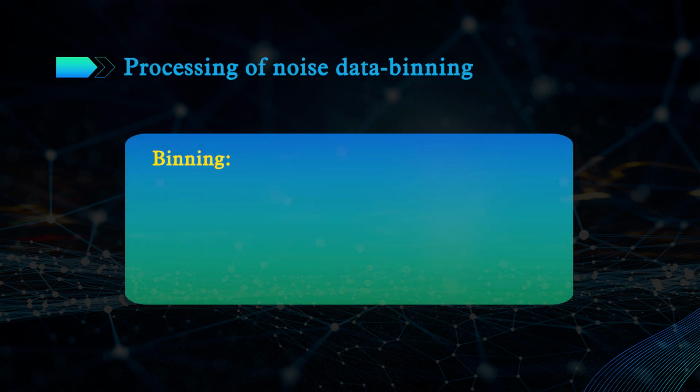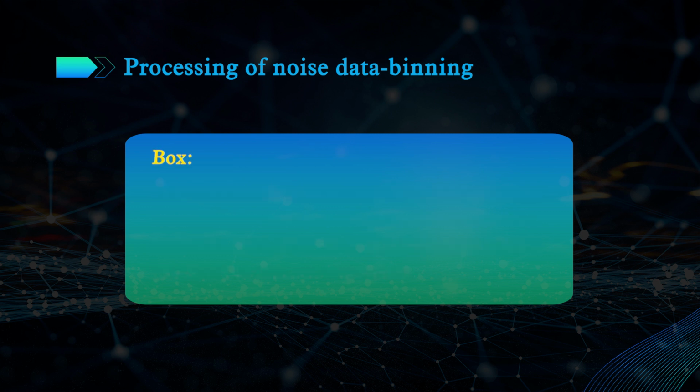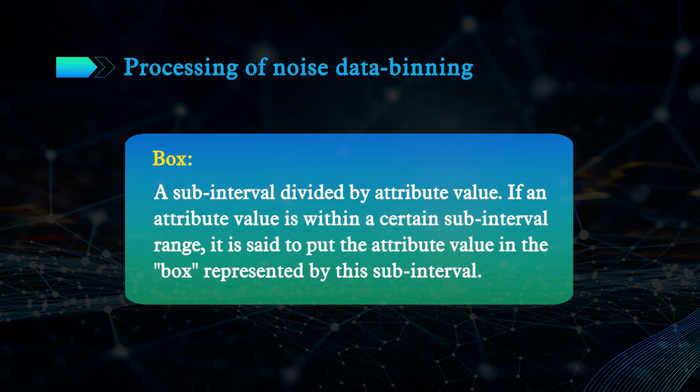The binning method means putting the data to be processed into some boxes according to certain rules. Examine the data in each box and use a certain method to process the data to get a value for each box separately. In the binning method, a box is a subinterval divided by attribute value.